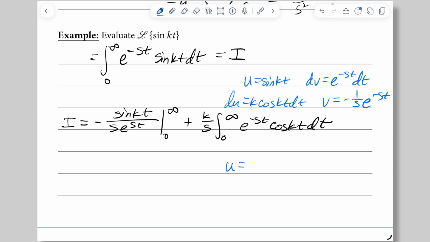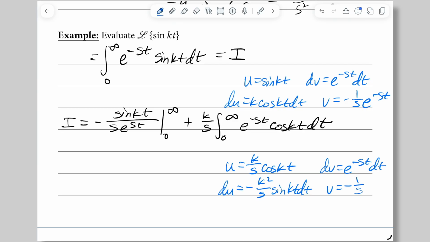This time I'll say that u is k over s times the cosine of kt, so that du is negative k squared over s times the sine of kt dt, and then dv is still going to be e to the negative st dt, so v is negative 1 over s e to the negative st.